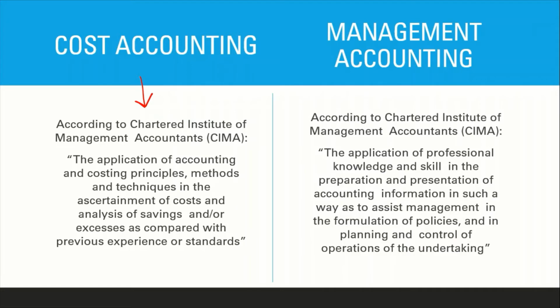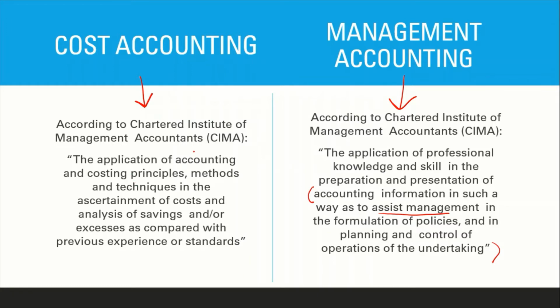So as you can see, the overall definition is different, of course, but you can see their focus is also different. So management accounting is the accounting information in such a way to assist the management in formulating policies and in planning and control of operation of the undertaking.